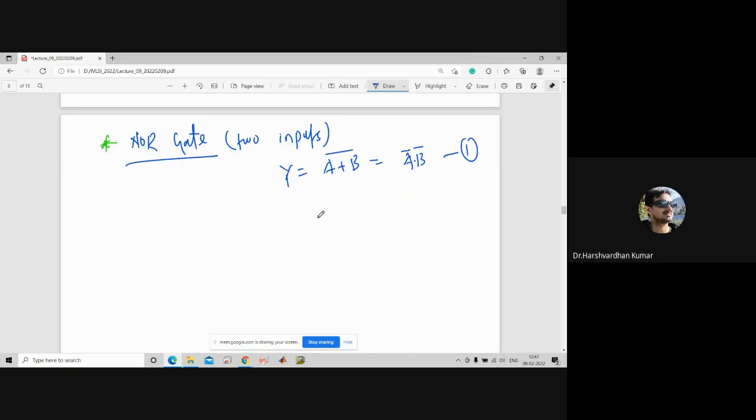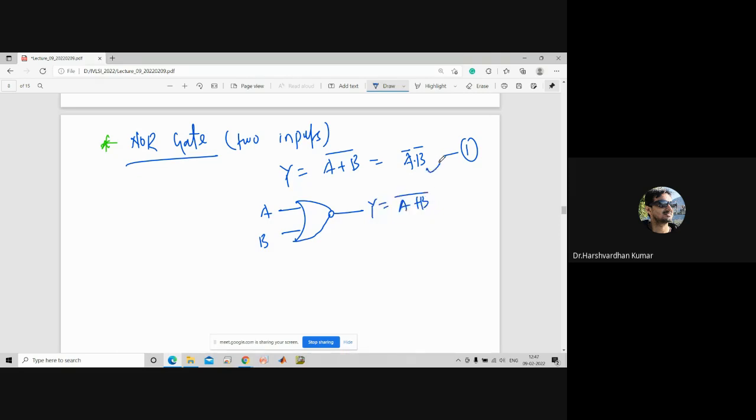Based on this, what will be the symbol? The symbol will be like this. Let us say this is A, here B, and Y, which is equal to (A plus B) bar.